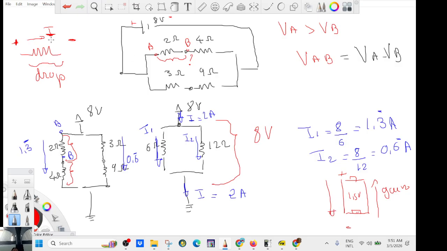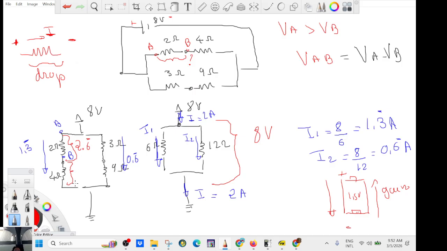So if you go with the current through a load, you are losing. And how much loss do you have here? So it's going to be 1.33 times 2. 2.66. Exactly, 2.6666 repeating.